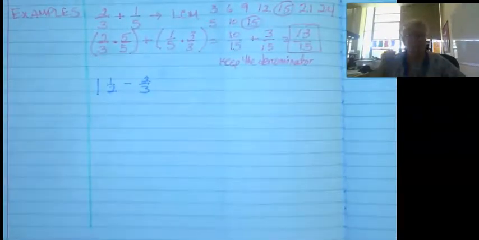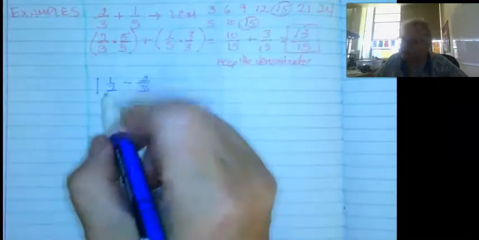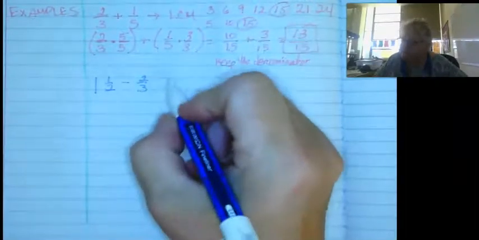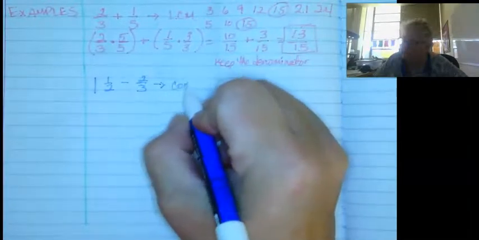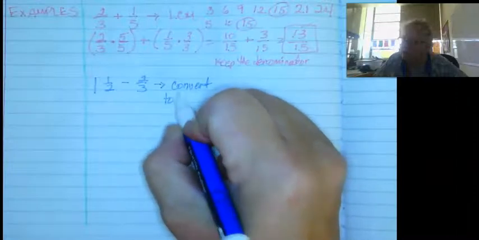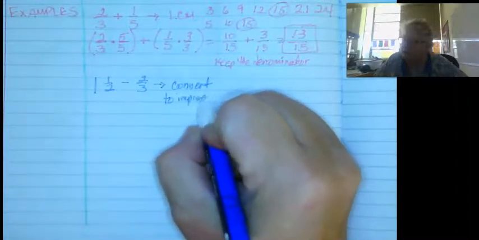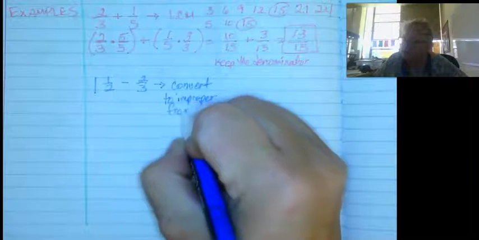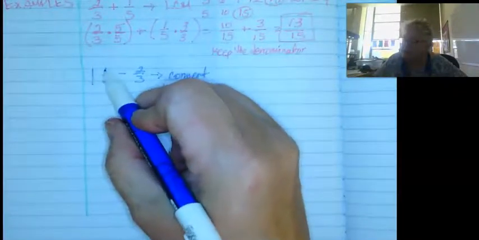All right. So that means we need to first convert to improper fraction. So that would be 2 times 1 is 2 plus 1 is 3.